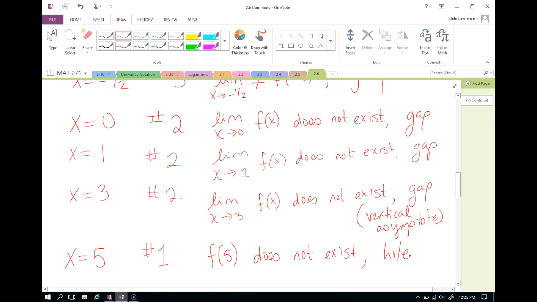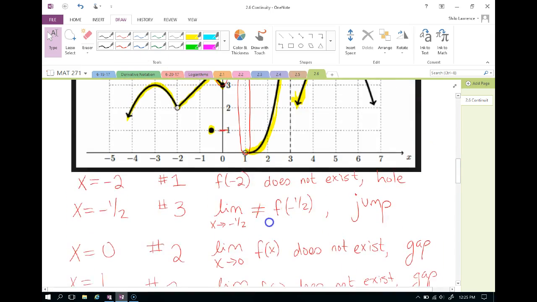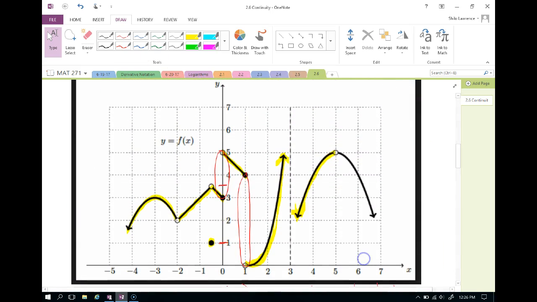So there was a lot of them. 1, 2, 3, 4, 5. There were 6 places where this graph had a discontinuity. We had a hole here at -2. We had a jump at -1/2, and that's because we jumped down here away from where our actual graph was. We had this big old gap in between the pieces of our graph at 0.